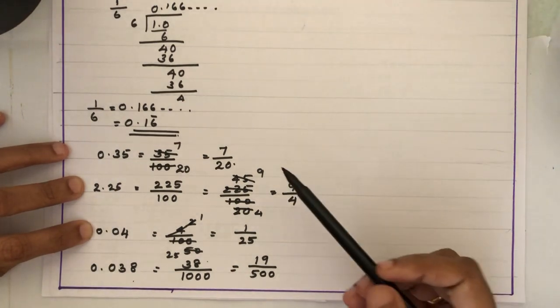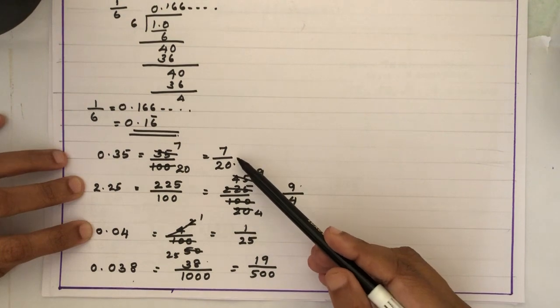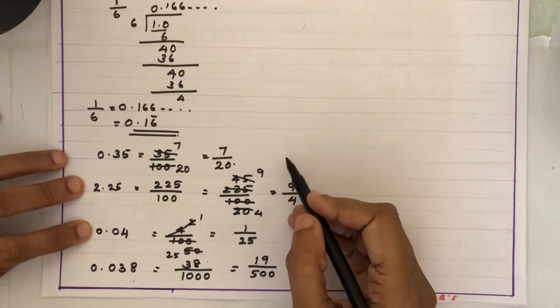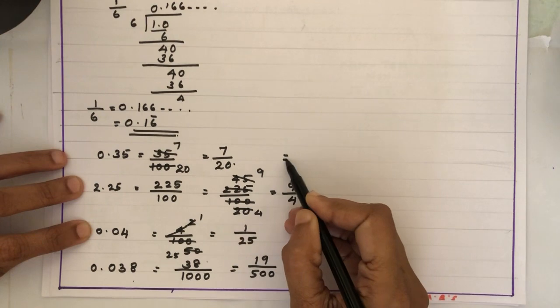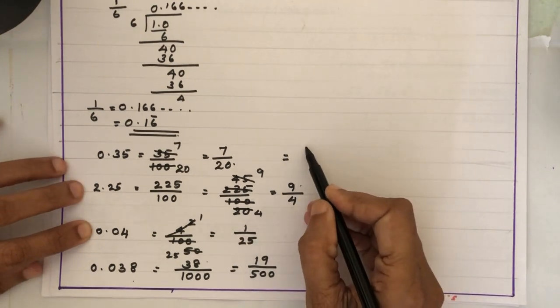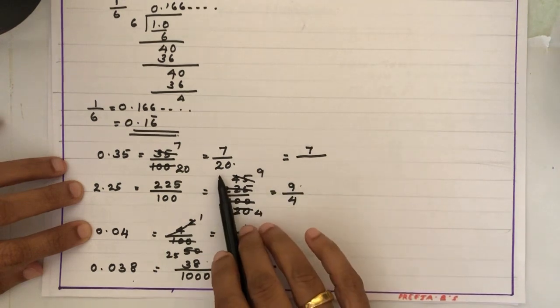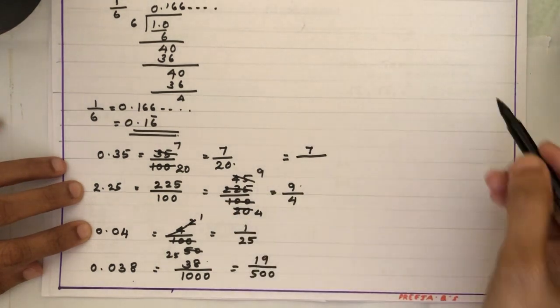Can you see any speciality in these rational forms of these terminating decimal forms? There is a speciality. So let us see what it is. So here 7 by 20. Just check the prime factorization of 20.